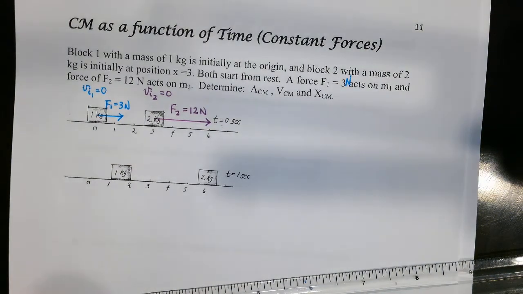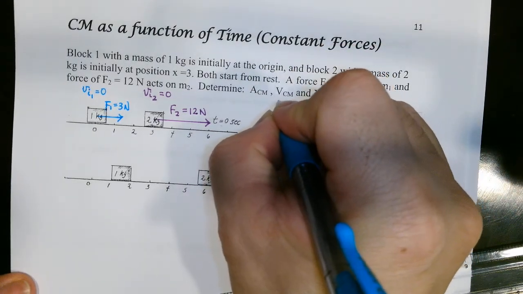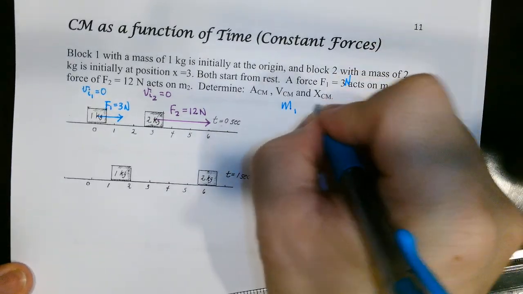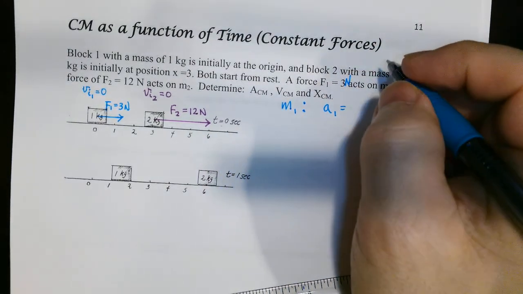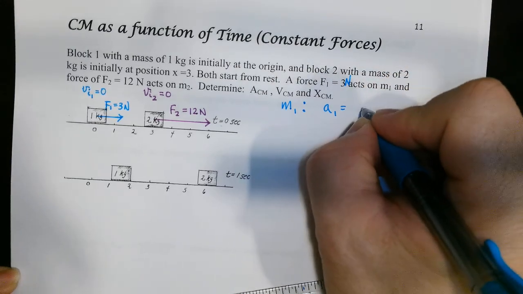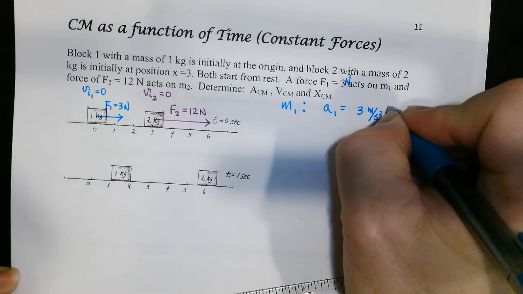Right? So M1 has acceleration 1, right, of 3 meters per second squared, x hat, right?